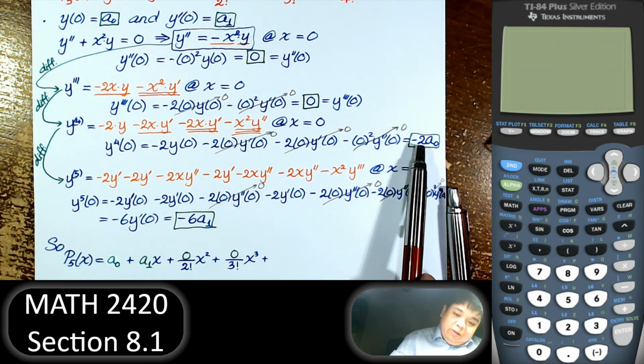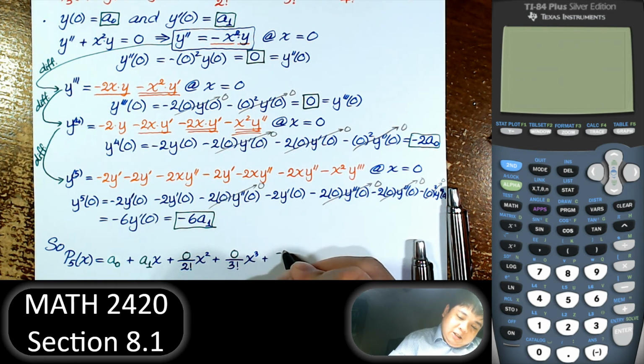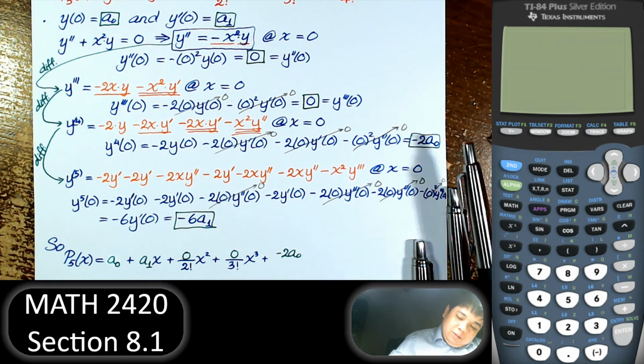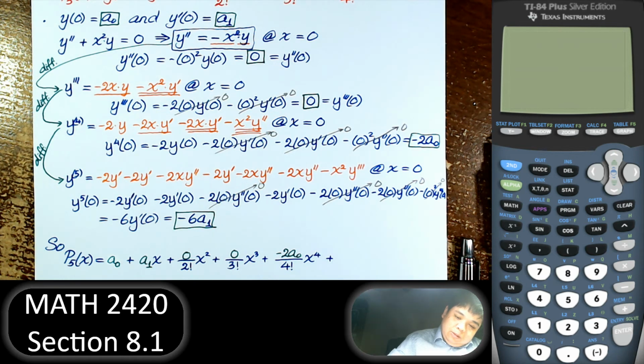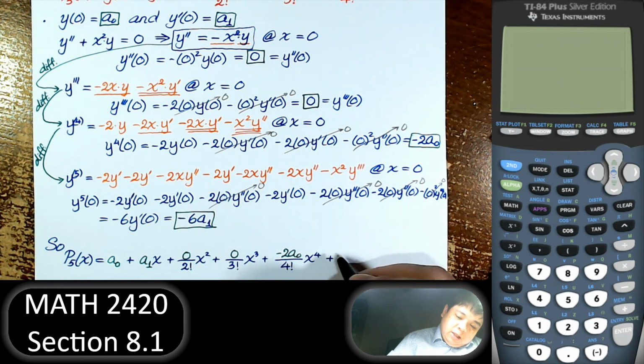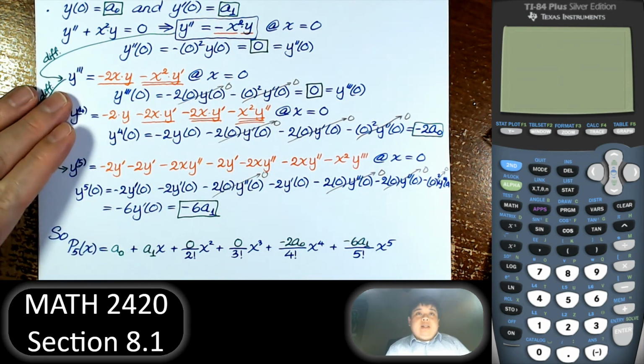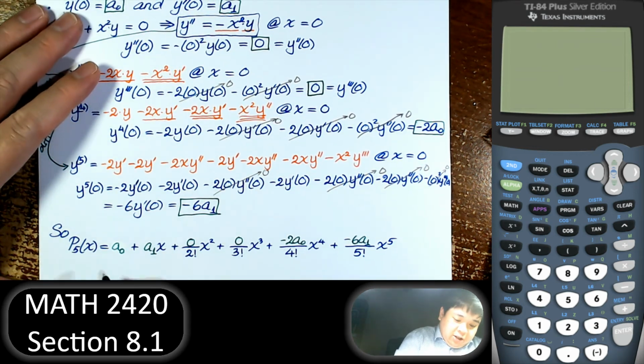Fourth derivative is going to be that over 4 factorial x to the 4th, and then negative 6 a1 over 5 factorial x to the 5th. Right, now just simplify a little.